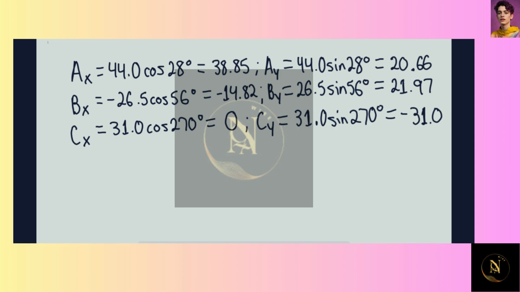And so now we can solve. For A, let's just get a new workbook. For part A, we have B minus 2 times A. Let's evaluate the x component first. So this will be negative 14.82 minus 2 times positive 38.85.